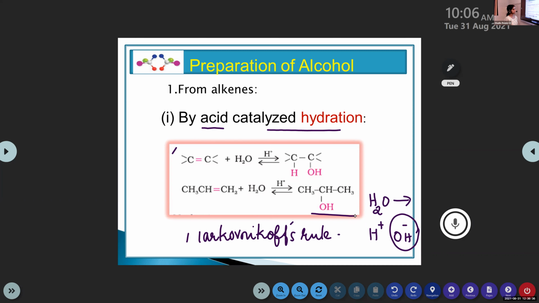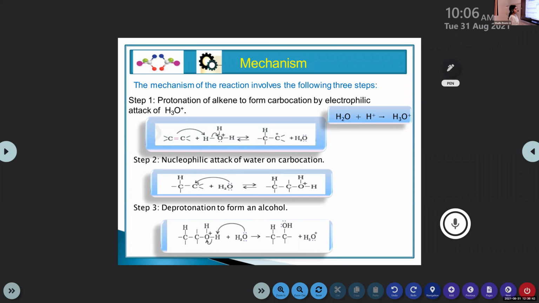Mechanism. Okay, so the mechanism of acid catalyzed hydration follows mainly 3 steps.